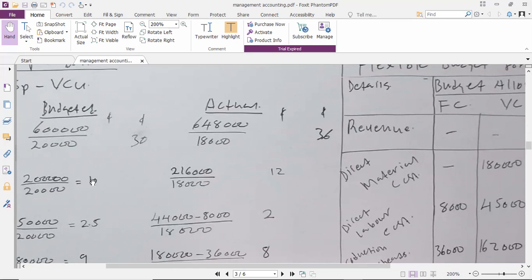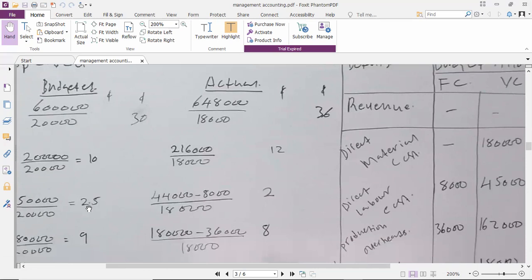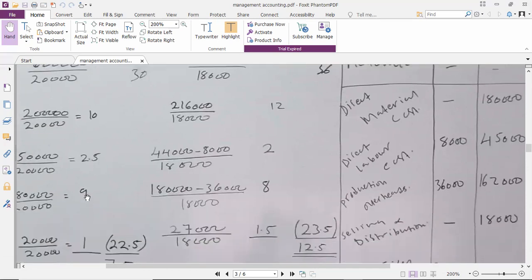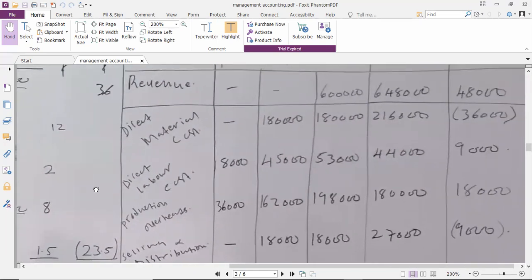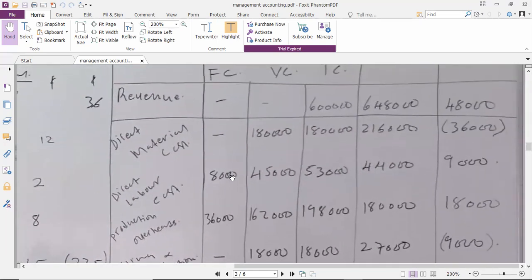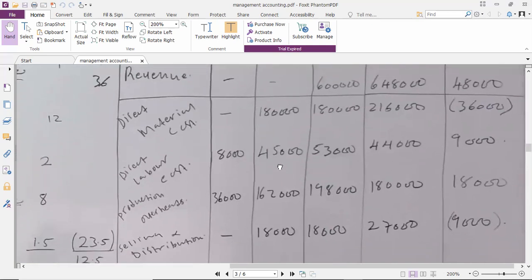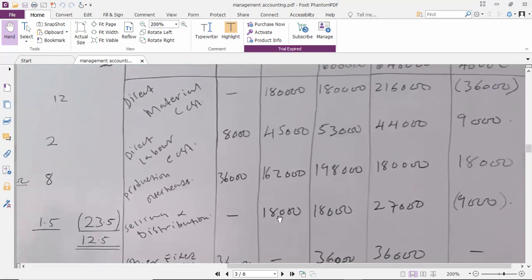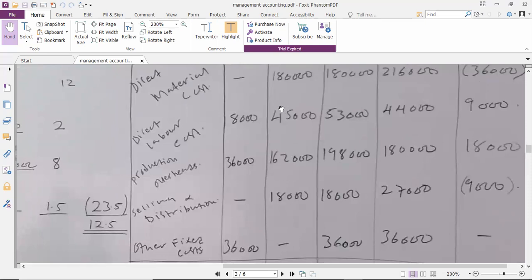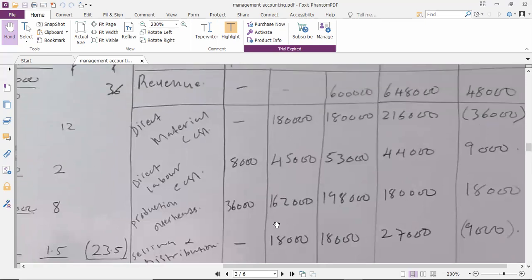So 10 here will be multiplied by 18,000, 2.5 will be multiplied by 18,000, 9 here will be multiplied by 18,000, 1 here will be multiplied by 18,000. By so doing, it means that you are flexing the budget. So I multiply those by the 18,000 to get all the figures I'm seeing over here: 180,000, 45,000, 162,000, 18,000. I multiply them and I get this variable cost over here.